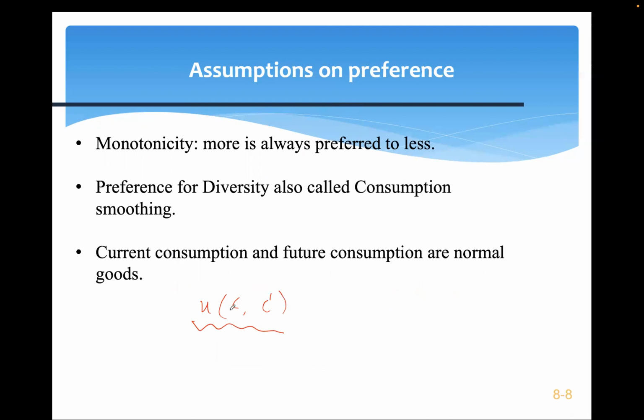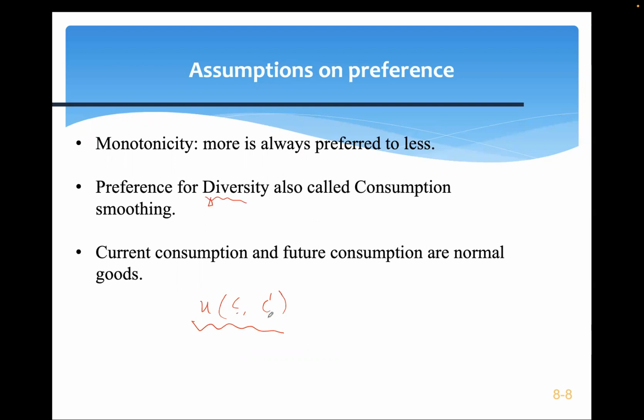Regarding the preference, there are the following assumptions or properties. Number one, monotonicity. More is always preferred to less. This essentially comes from the observation of human behavior: you always prefer more versus less. Number two, you have a preference for diversity. This is also called consumption smoothing. What does diversity mean?